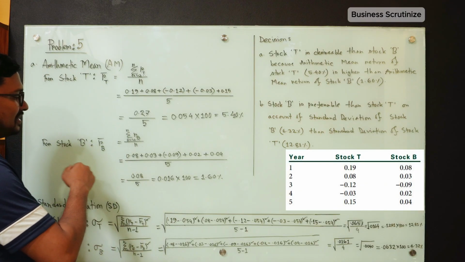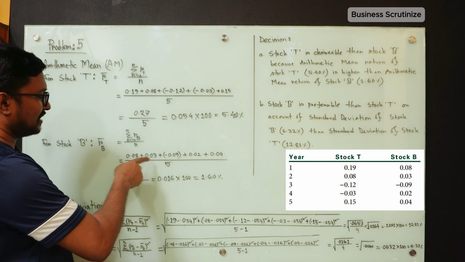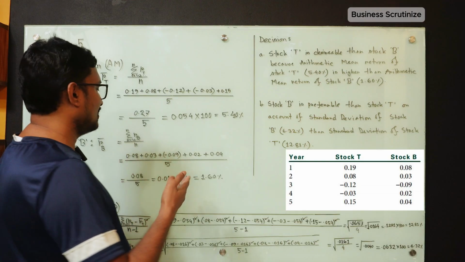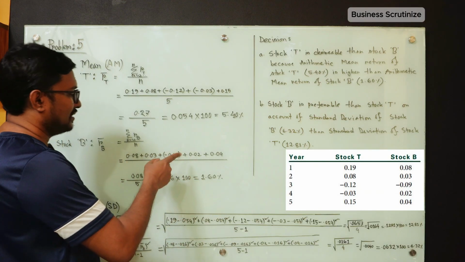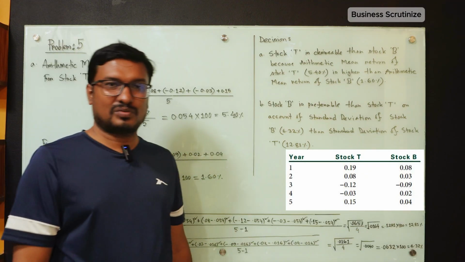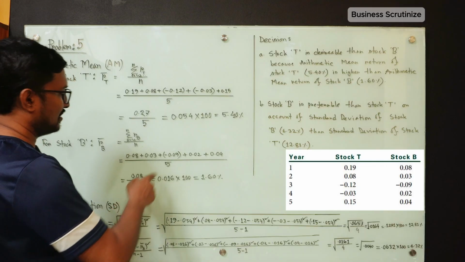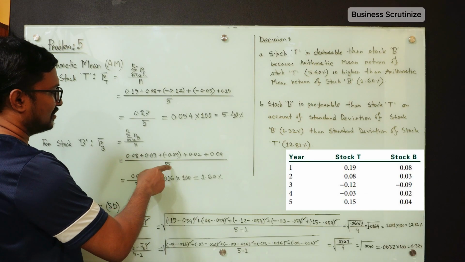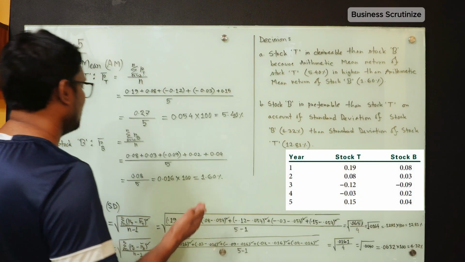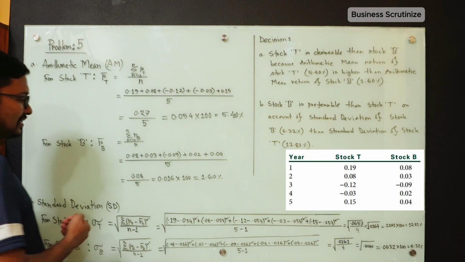So for the first year for stock B it is 0.08, then the second year it is 0.03, and next year we see minus 0.09, and then the fourth year it is 0.02, and for the fifth year it is 0.04. All the returns we input in the numerator, and in the denominator n equals 5, a total of 5 years, so we write 5.